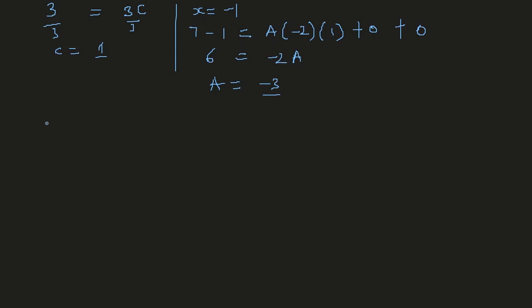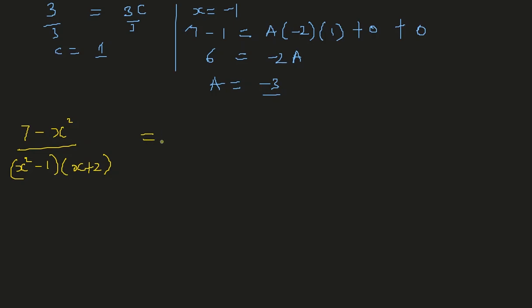So it means our final answer, we have been able to express this fraction 7 minus x squared over x squared minus 1 into x plus 2 into its partial fractions.